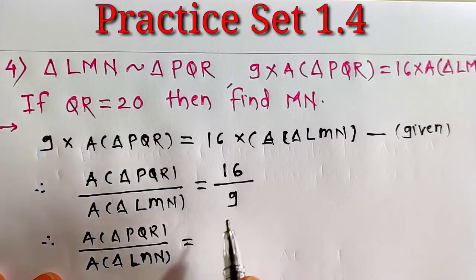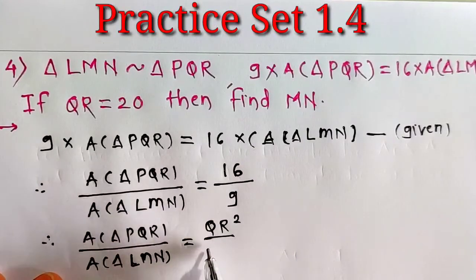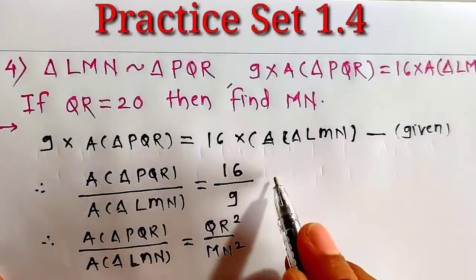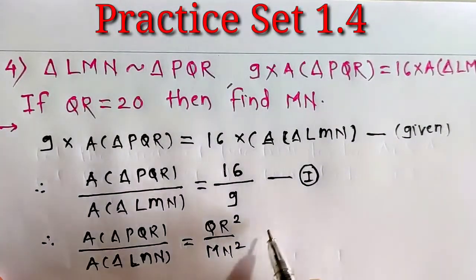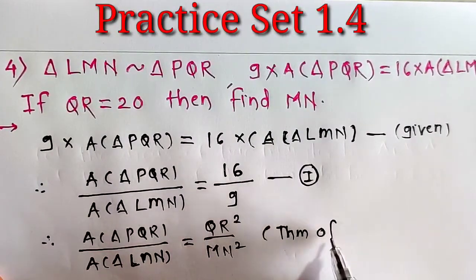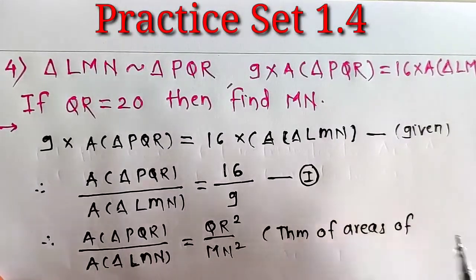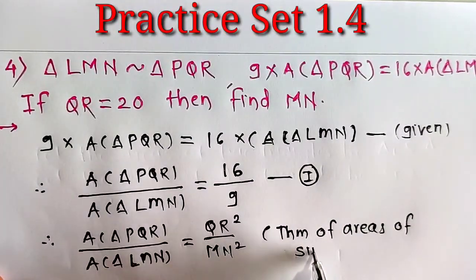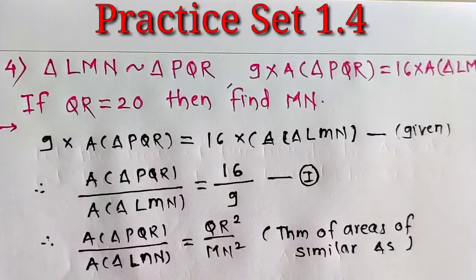So here QR is given, that means QR square upon MN square. Here it is 1. So from 1 substitute this value. Reason, theorem of areas of similar triangles. Theorem of areas of similar triangles, that is the reason.